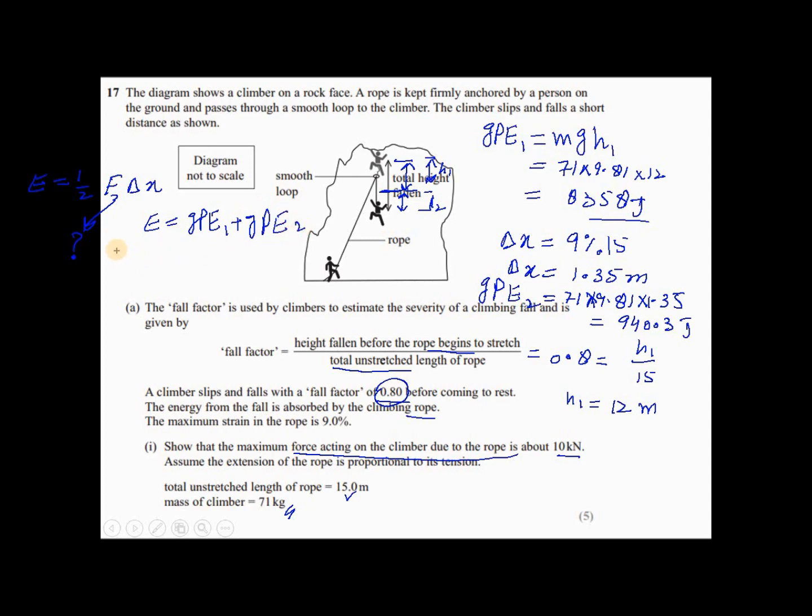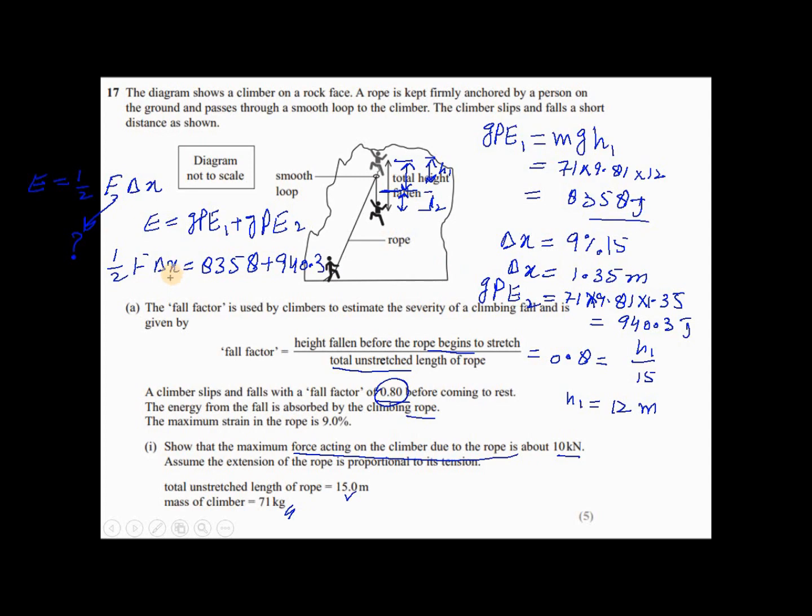That is, half of F delta X is equal to 8358 plus 940.3. Clearly delta X is again given. We have found 1.35.